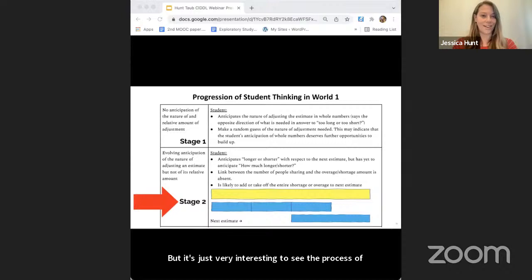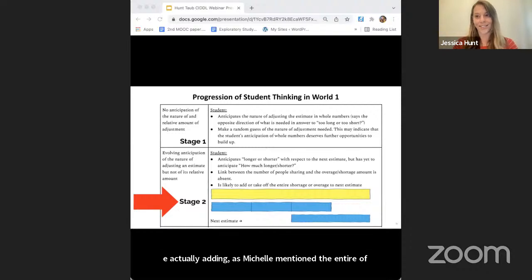Yeah, so remember that the sequencing of the tasks in Dream2Be is based on what we know about how kids develop different fraction concepts. That's to say that there are different stages that kids tend to go through as they, for instance, in this world, think about the magnitude of a unit fraction in relation to the magnitude of a whole. What we saw in the video was a student who was adjusting the length of the win bar correctly, but to make their next guess, they were actually adding, as Michelle mentioned, the entire amount that they were short onto the next bar.